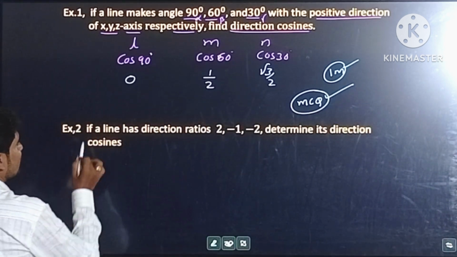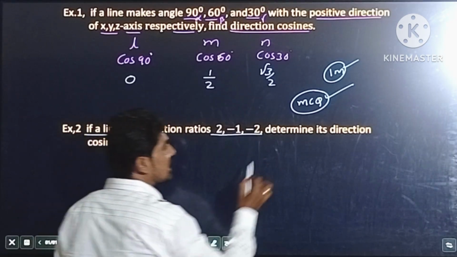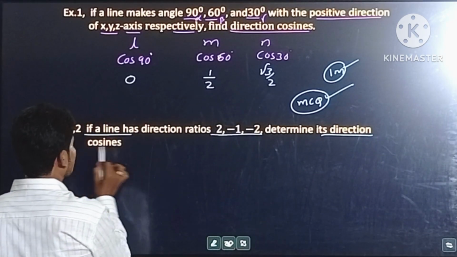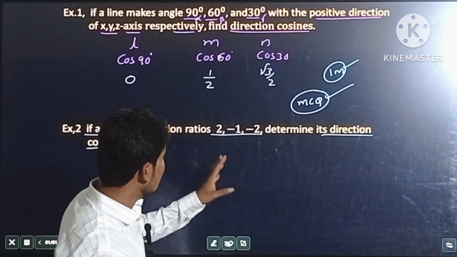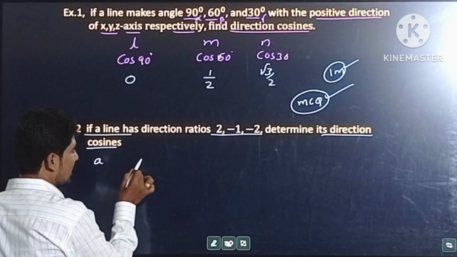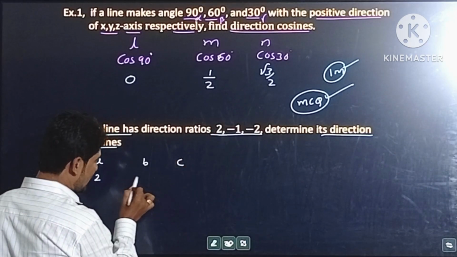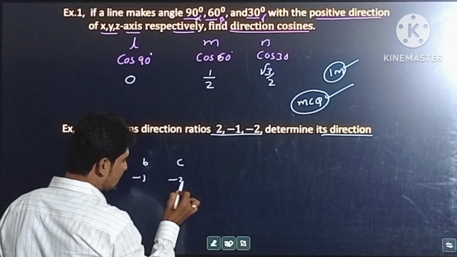The second question is, if a line has direction ratios 2, -1, -2, determine its direction cosines. In this question he has already given the direction ratios, which are denoted by A, B and C. The value of A is 2, the value of B is -1, and the value of C is -2.